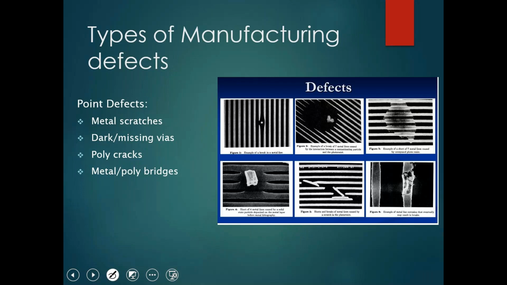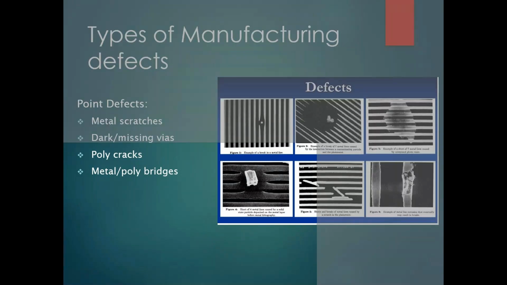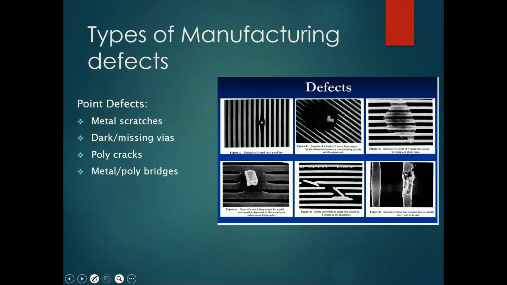If you see on the right-hand side, there is a break in the metal connection. There is a break here, or a break in multiple metal connections, or some metal connections got shorted, which means two net connections got shorted. Some dust particle or solid particle may have been introduced during manufacturing that can cause this.